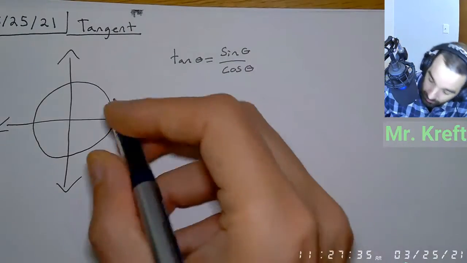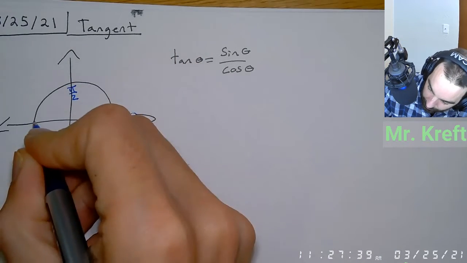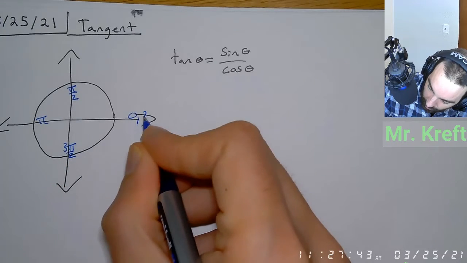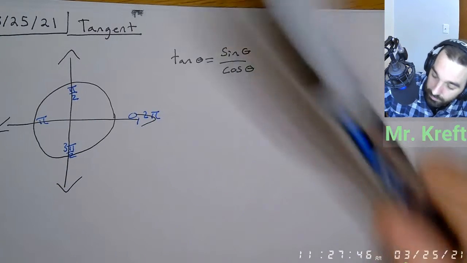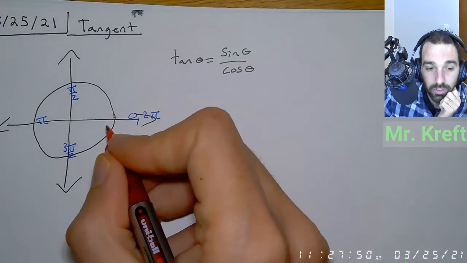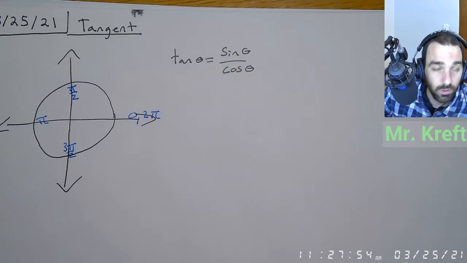So let's do a couple of things. This is 0, pi over 2, pi, 3 pi over 2, and 2 pi. We're just going to do some key points of tangent really quick.